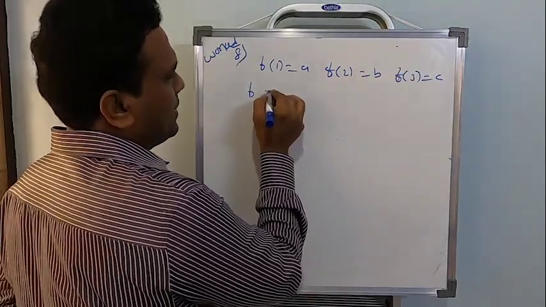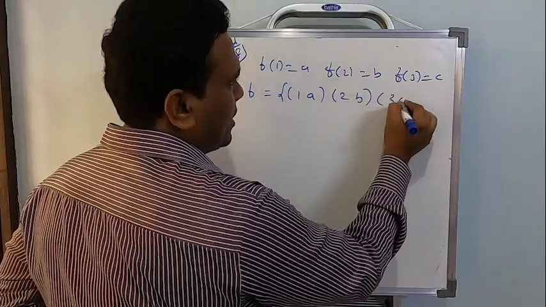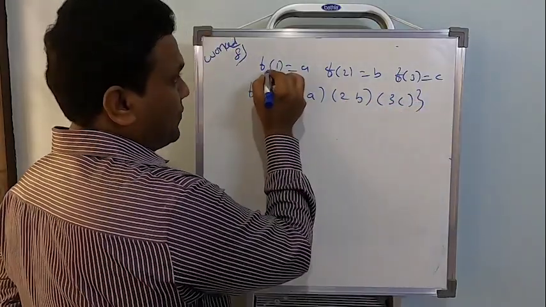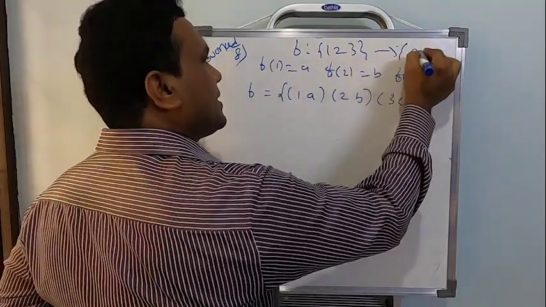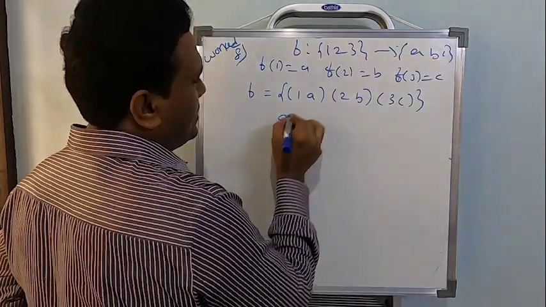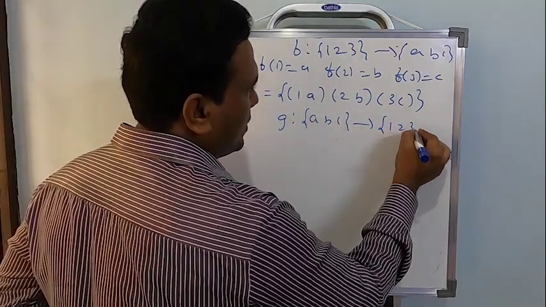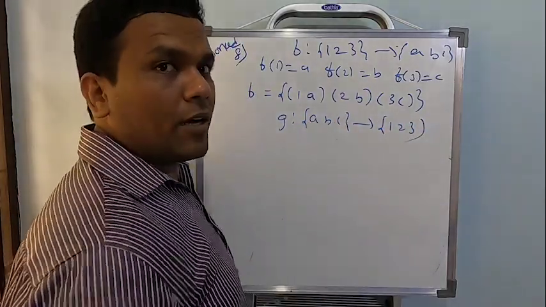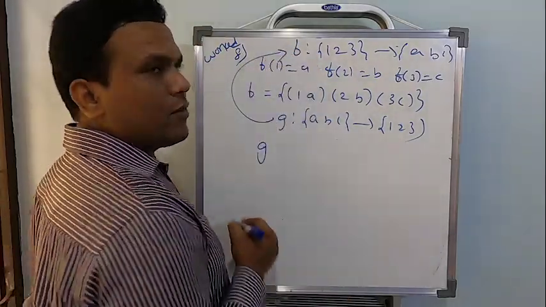So f is defined as {(1, a), (2, b), (3, c)}. f is defined from 1, 2, 3 to a, b, c. And remember, g is a function defined from a, b, c to 1, 2, 3. So I just checked it clearly: g is going to be the inverse of f.